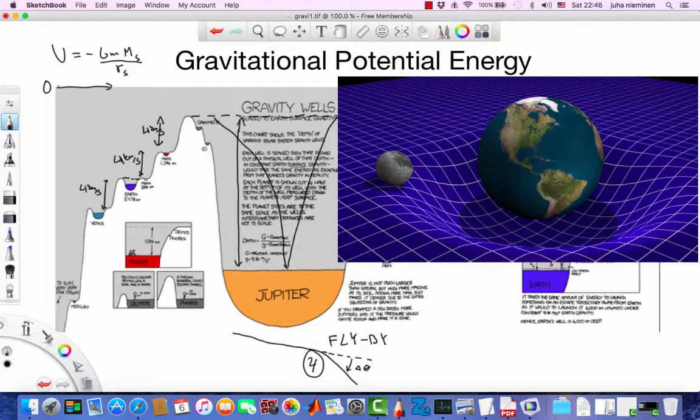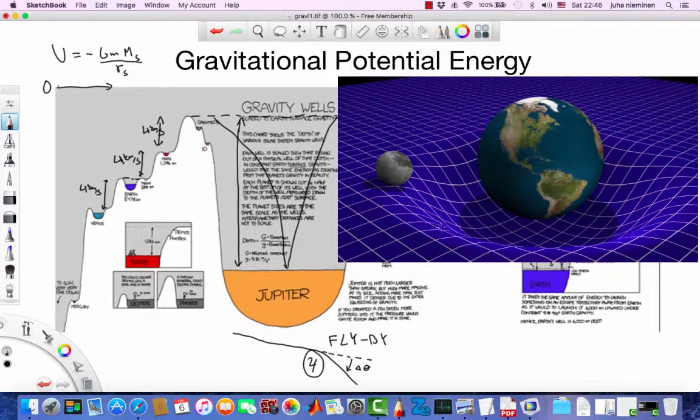If we first think about the potential well analogy, that also applies. Here's the moon circling the Earth. It cannot escape because it cannot get up from this hole in the time-space fabric.